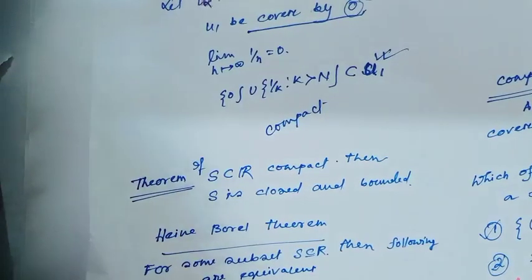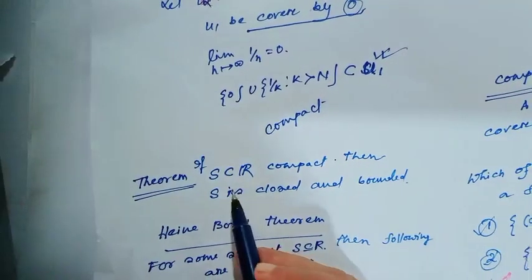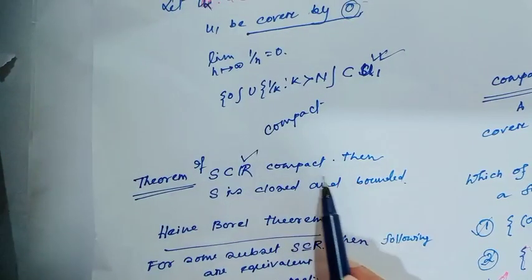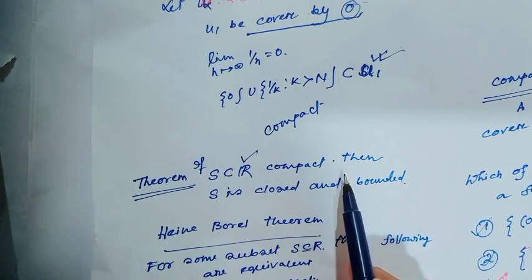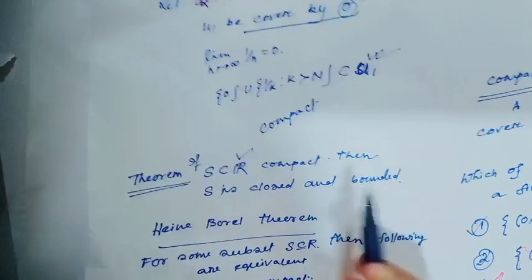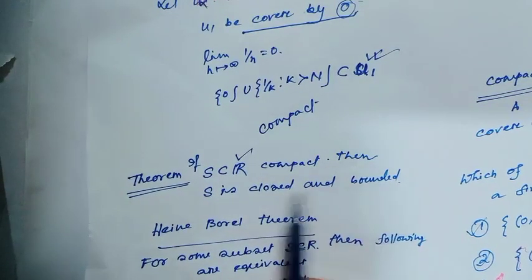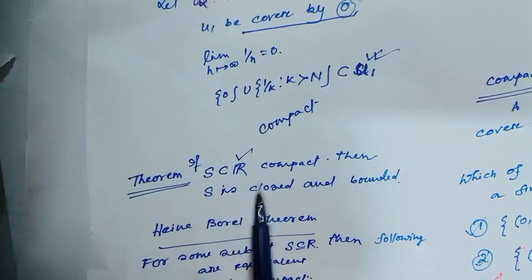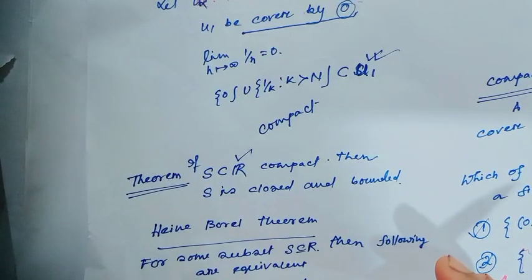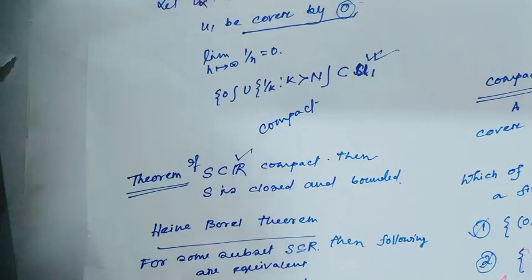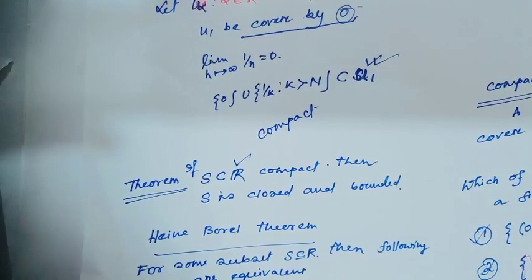There exists a nice theorem: if any set S which is a subset of R is compact, then obviously this set S is closed and bounded. Have you understood this concept? And why is any compact set in R closed and bounded? This proof I will prove in my next video.